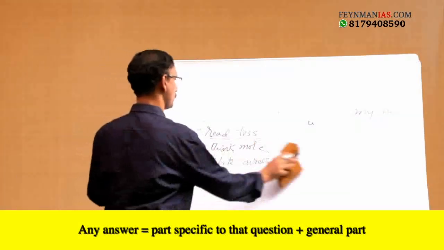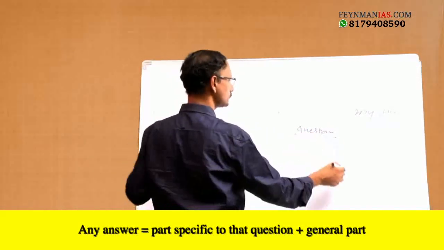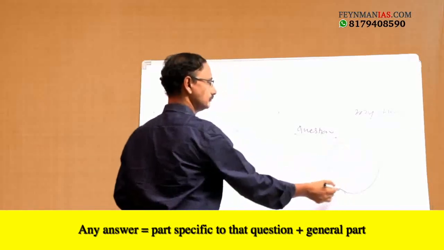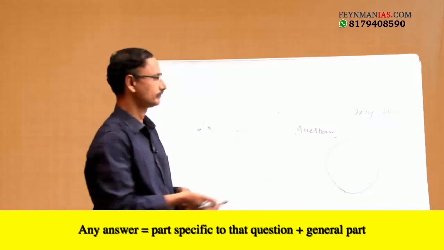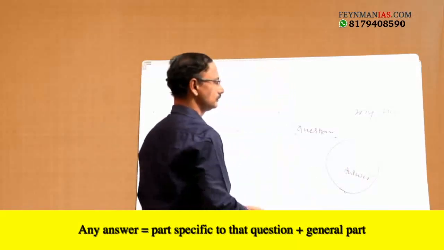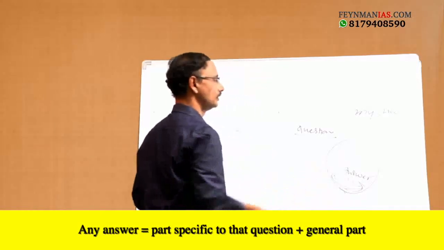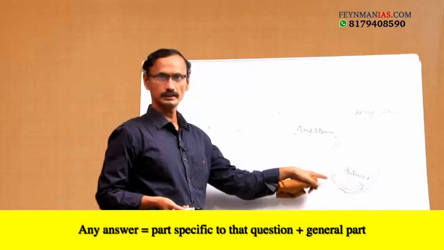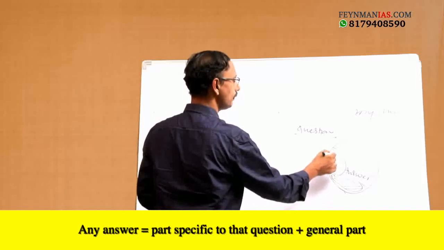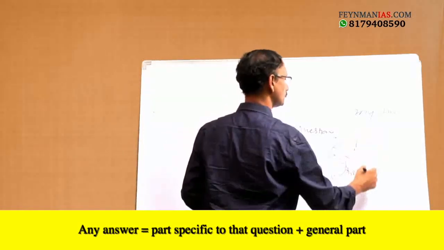So it is like this. There is a question. This question should be answered with this. This is the answer. Some of this answer will come from the information that you studied specific to the question. Some will come from some other thing.